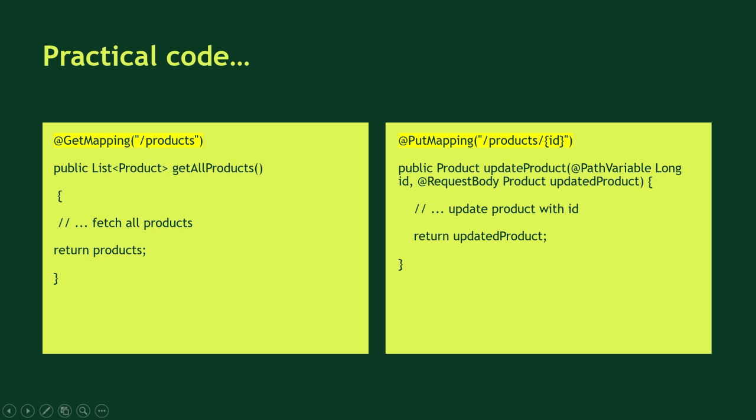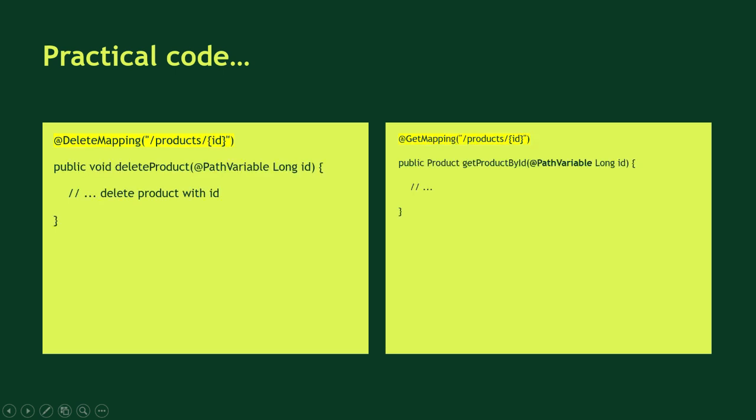If you see here this path variable, we spoke about it, right? So this ID, whatever it is what you are mapping, it will be mapped to the long, right? And we spoke about the request body as well, where you are trying to get that particular JSON element mapped to this particular product. And so this is for delete.